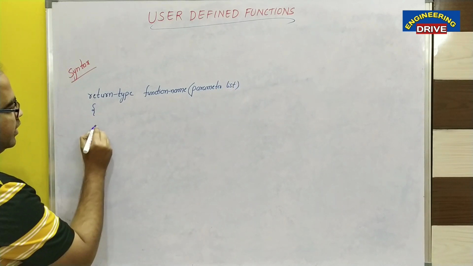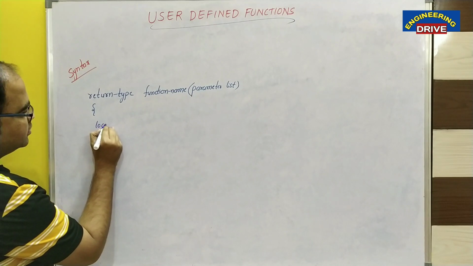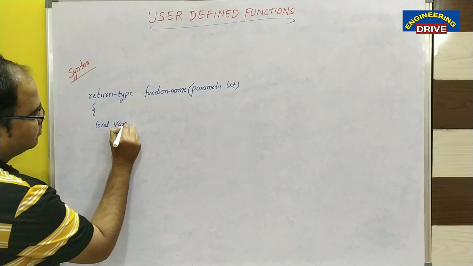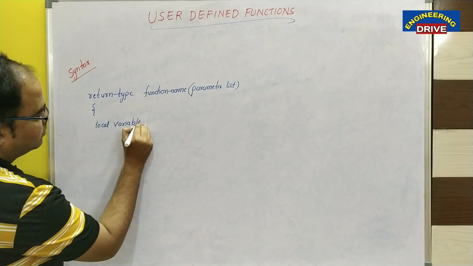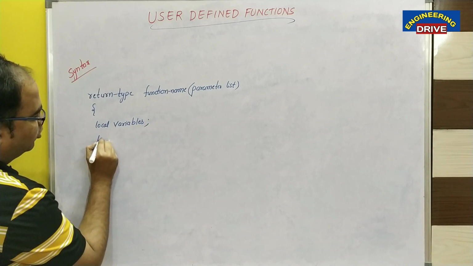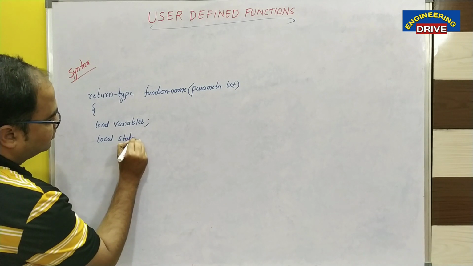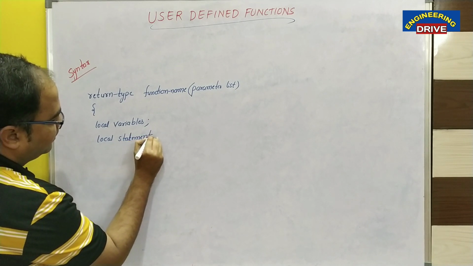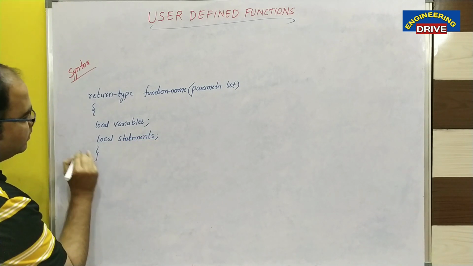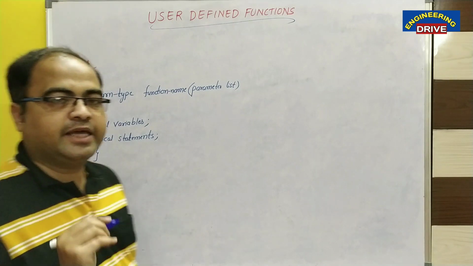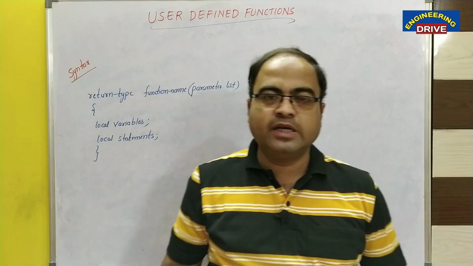Then an opening brace, here local variables, and local statements. This is how we can create a user-defined function in our C language.